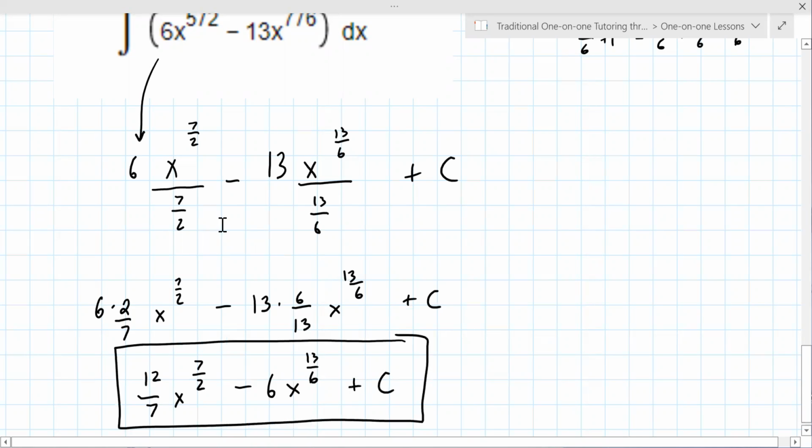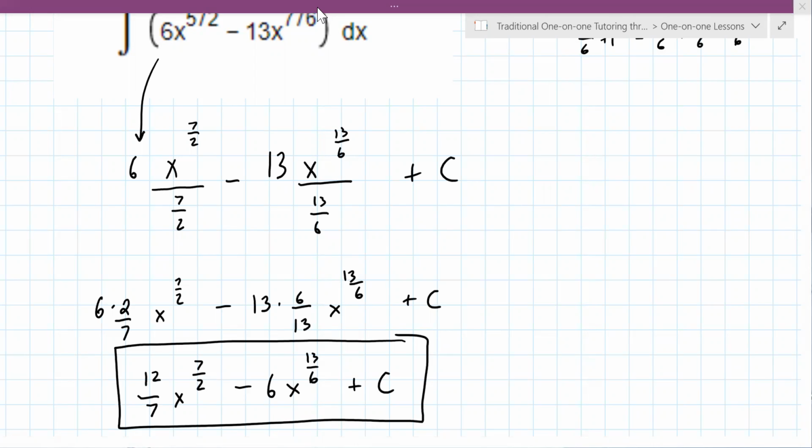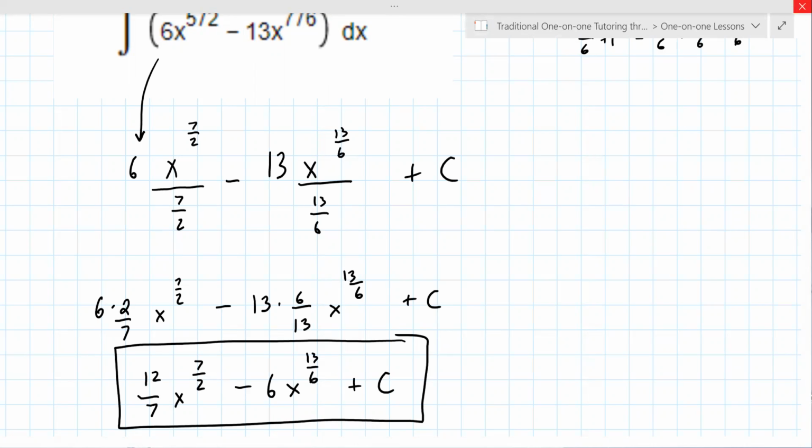But I think your Pearson would have accepted this top row. This is just a simplify step if you need it. Let me know when I can go on to the next problem here.